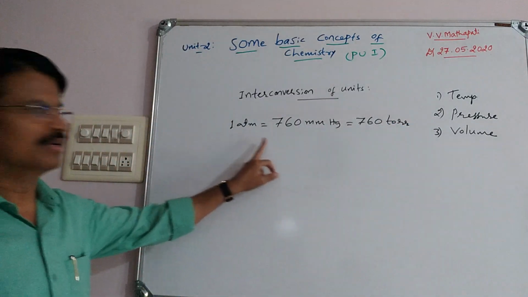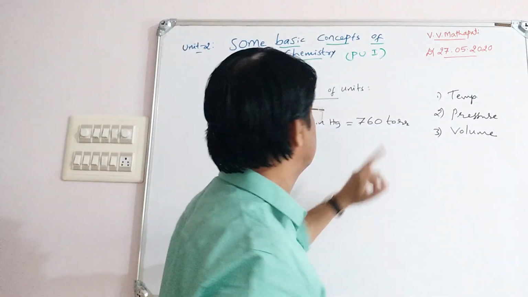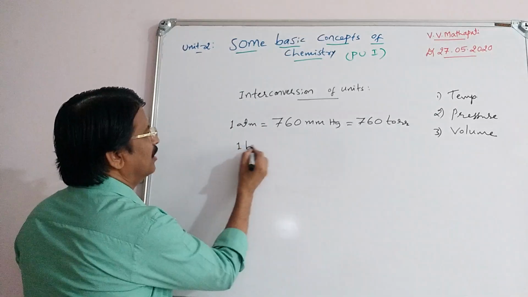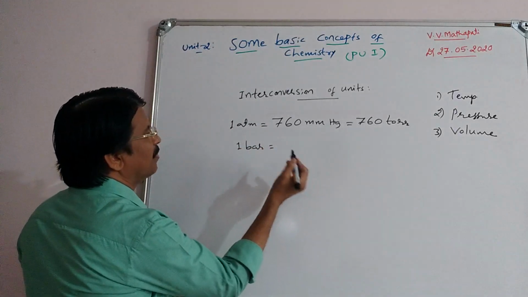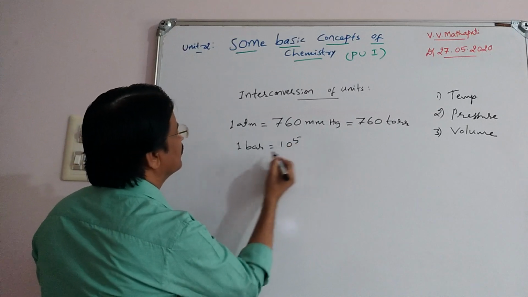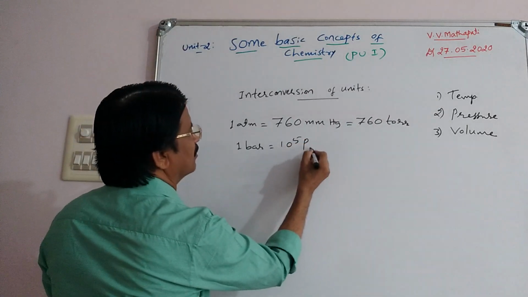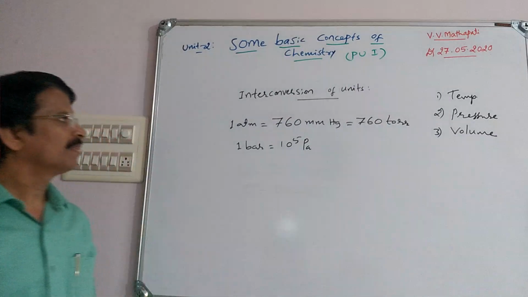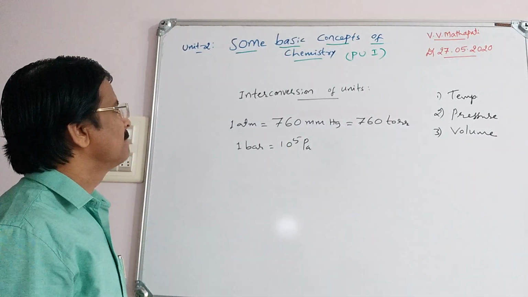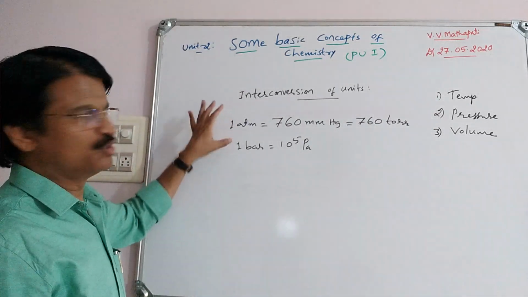Now 1 bar equals 10 to the power 5 Pascal. 1 bar equals 10 raised to 5 Pascal. So this is with respect to pressure.